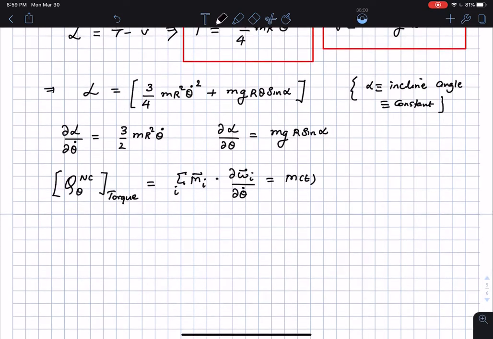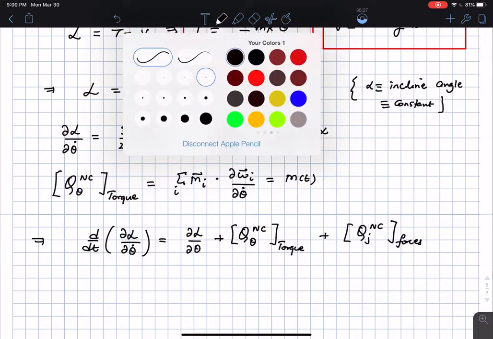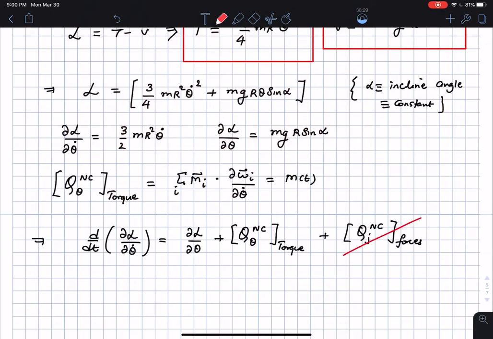Putting everything together, d by dt of dL by d theta dot is equal to dL by d theta plus Q theta non-conservative, could be force or torque. If I have any forces, then it's going to be due to the forces as well. Of course, I don't have any applied forces in this problem, so that term is gone, and I just want to make a quick note that we did not have any applied non-conservative forces in our problem.